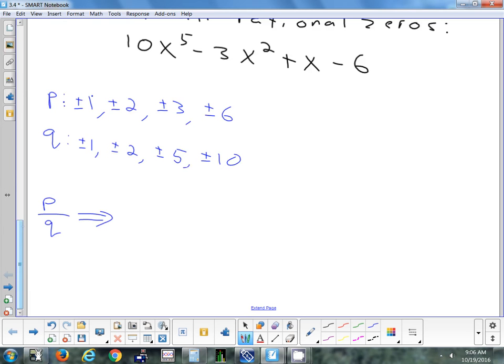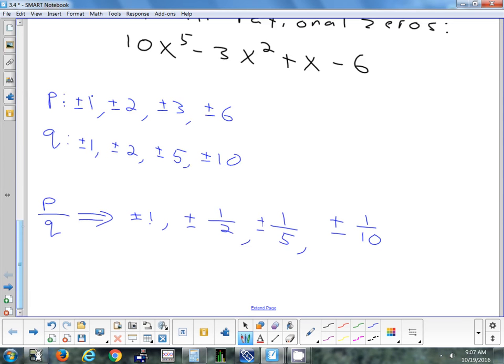So I could have positive or negative 1 over 1, positive or negative 1 over 2, positive or negative 1 over 5, and positive or negative 1 over 10. Okay, that's all the different P over Qs I could have with 1 positive or negative in the numerator.